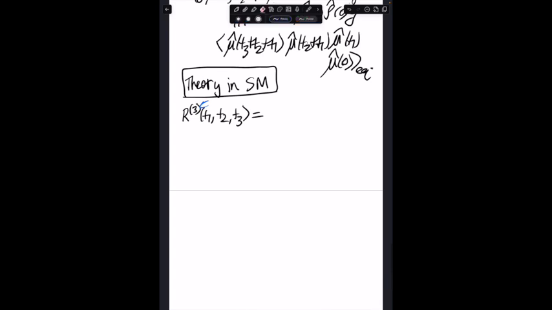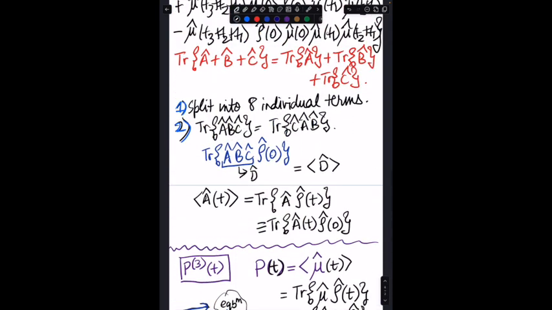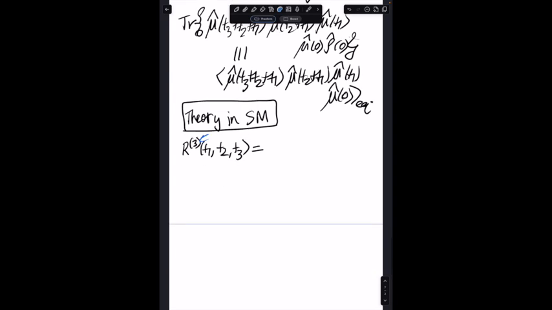And using just these two properties or tricks which I have described, I will be rewriting the expression, which is equal to i upon h bar cubed. Let's not forget this factor times the 8 terms, which are.